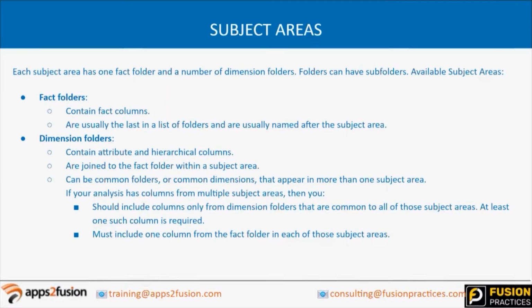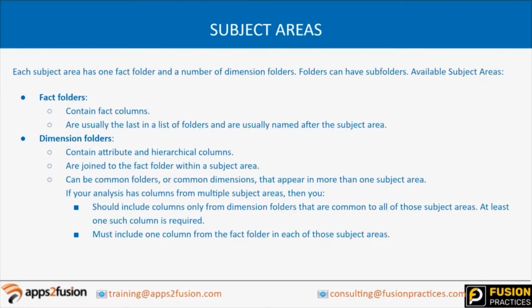Now, each subject area, when we talk about fact columns and dimension columns, also has fact folders and dimension folders. Under a subject area you will have a lot of folders, and under each folder you will have the fact columns and also dimension columns. It's not mandatory that a folder should have only fact columns or only dimension columns. It can have a combination of both.